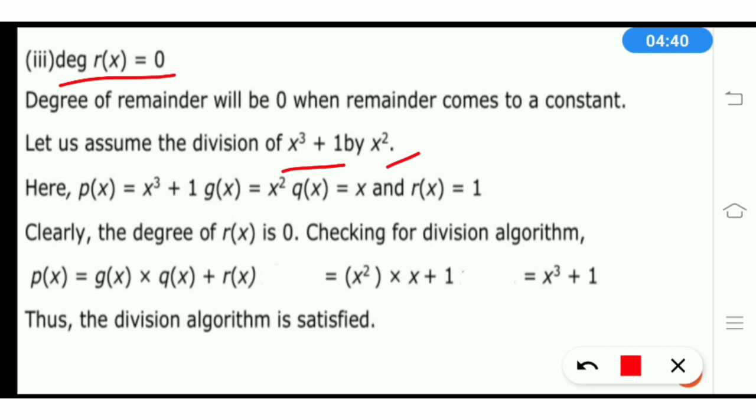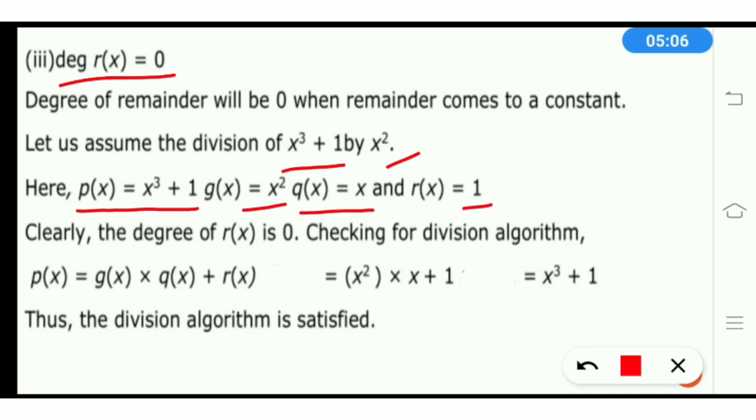That's why we take p of x equal to x cube plus 1, g of x equal to x square. After dividing we get q of x equal to x and the remainder r of x equal to 1. So clearly the degree of r of x equals 0. Why? Because r of x equals 1, which is a constant polynomial, and we know that the degree of a constant polynomial is always 0.